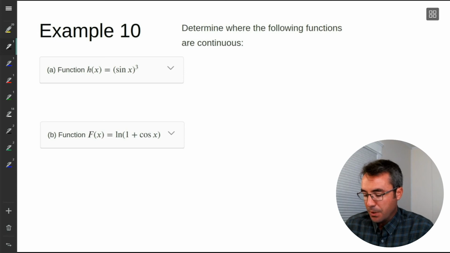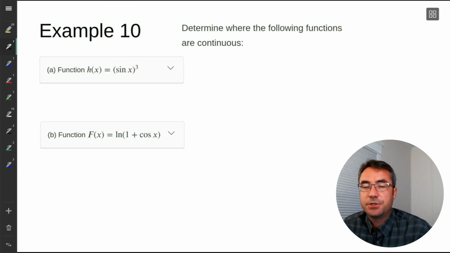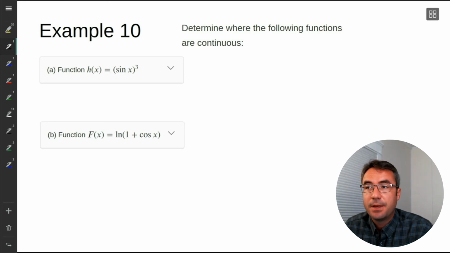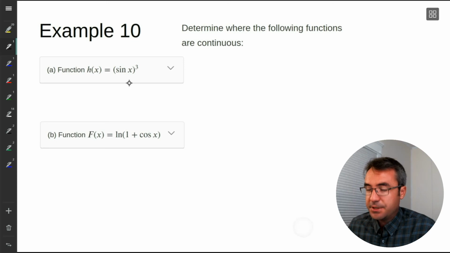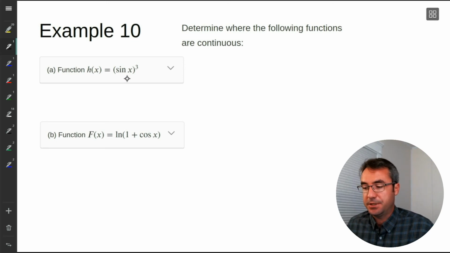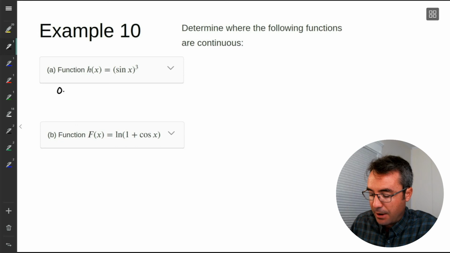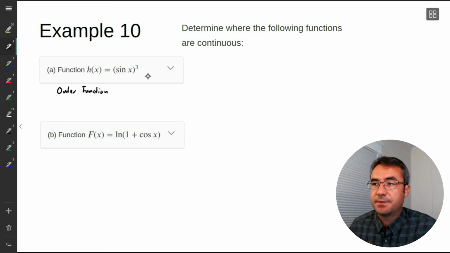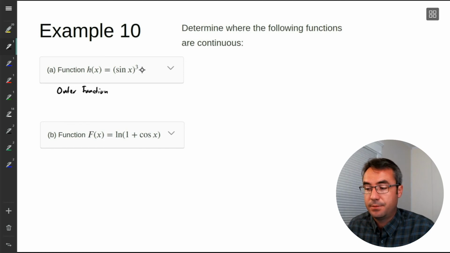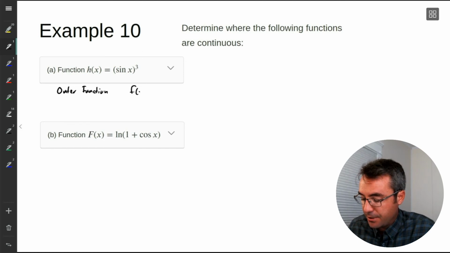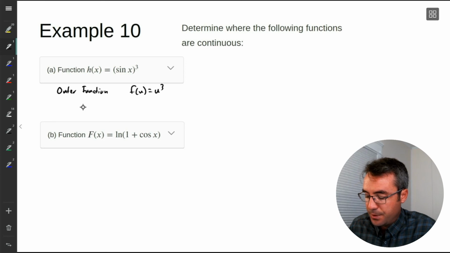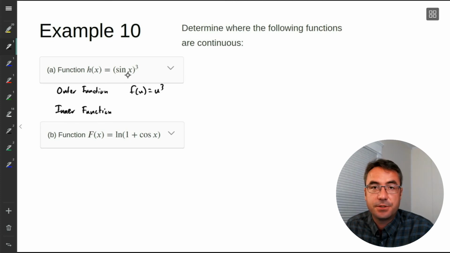So in part A, we have the function h of x equal to sine x cubed. We want to figure out where this thing is continuous. And this is really the composition of two functions. We have an outer function, which is the thing that is done last, and that's going to be this cubed. So our outer function here is u cubed. And our inner function is the thing that happens first to our x.